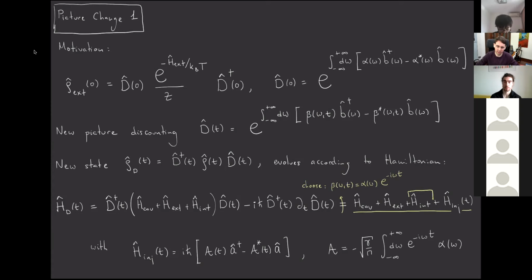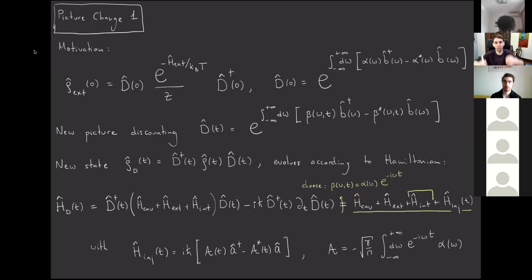So this is the first picture change, and the second picture change is much easier. It's just a typical change that you do when you want to do perturbation theory. So we are going to do perturbation theory around this Hamiltonian, right? Our Hamiltonian now will be the basic Hamiltonian that describes the energy scales and so on, the cavity, the external one, and the injection one.